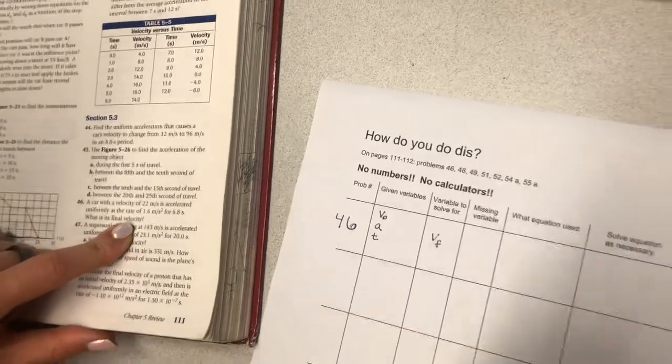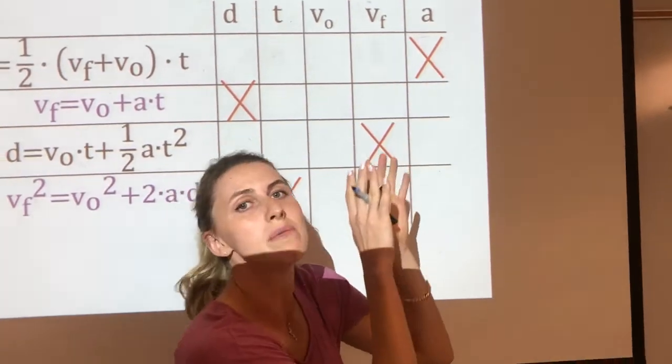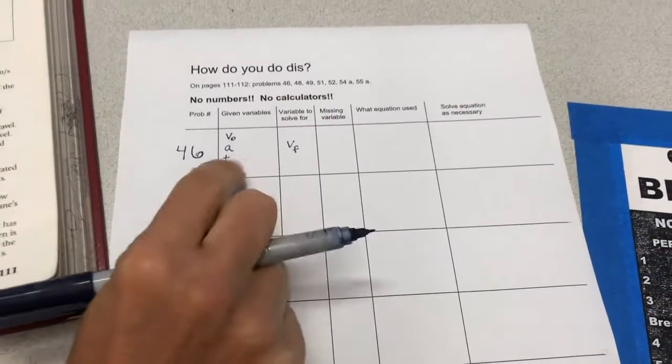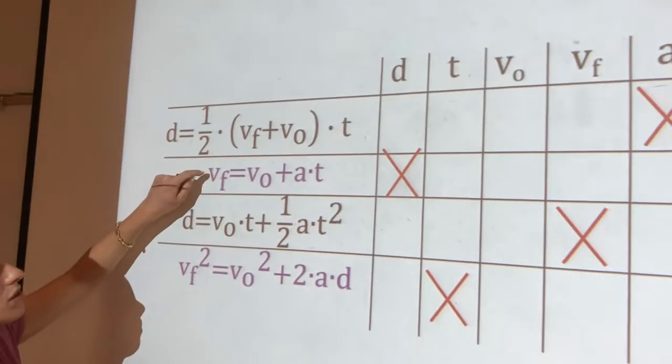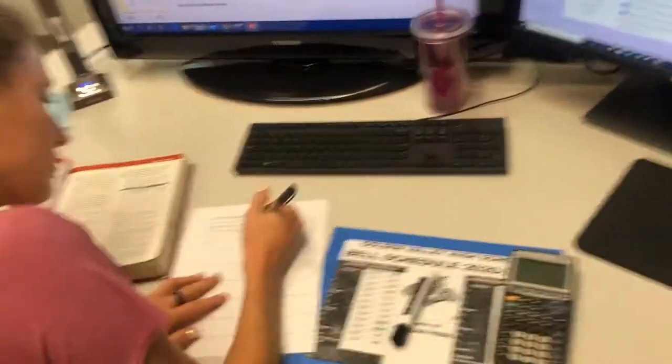So out of all 5 variables that we have up on the screen, which one are we missing? That's the question. Well, we don't have displacement. So that means that we're going to use this equation right here. The missing variable is displacement.